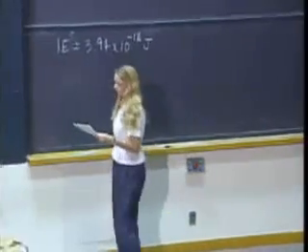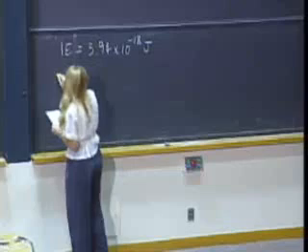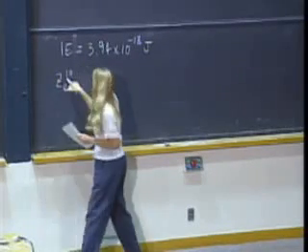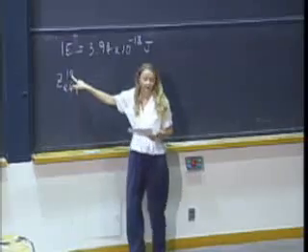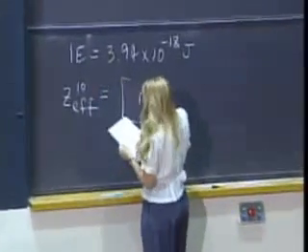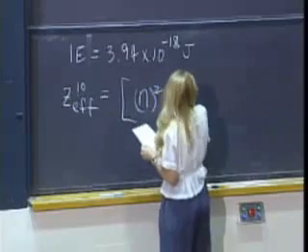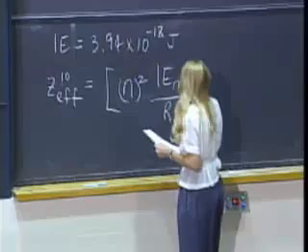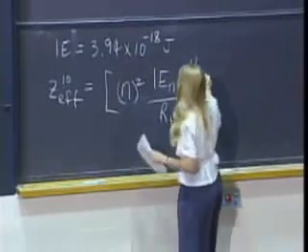So what I can do is rearrange that equation for the effective charge, Z eff, with n equal to 1, l equal to 0, and that will be n squared times the ionization energy over R sub H, all to the 1/2.